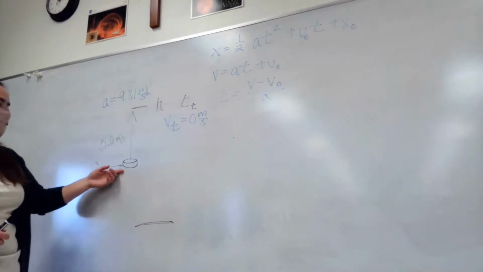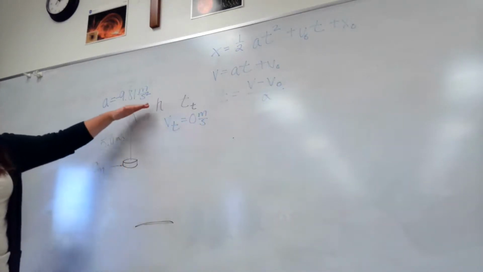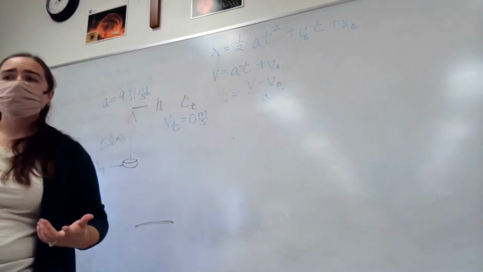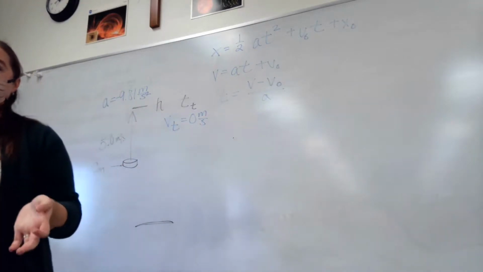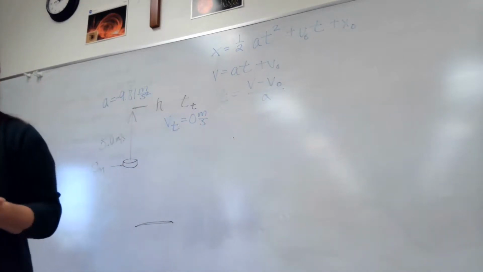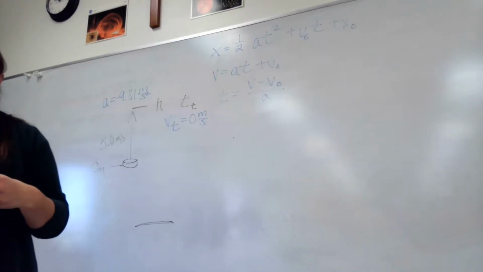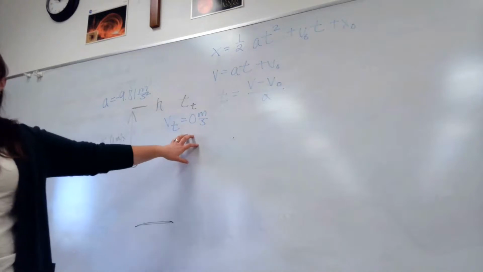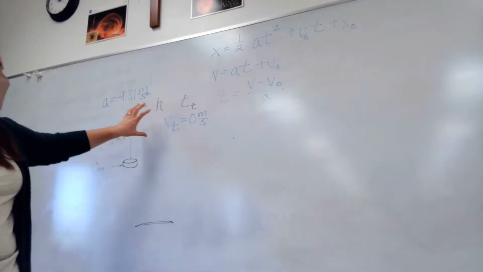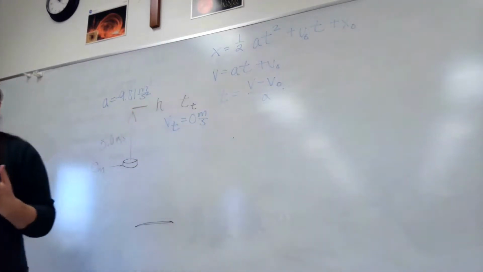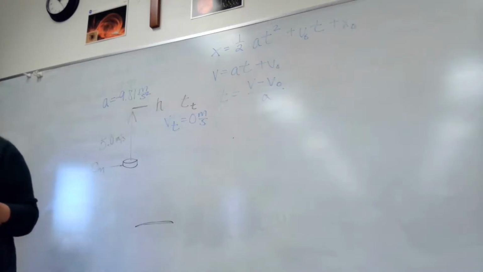We can still say that the velocity at the top is still going to be 0. That is still valid. We never said anything about it having to be symmetric before we said this. Okay? So your velocity at this top is still going to be 0.